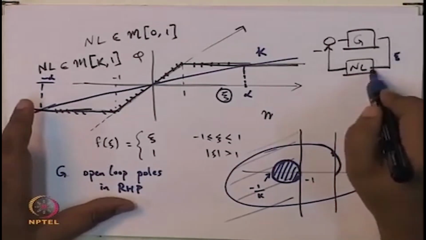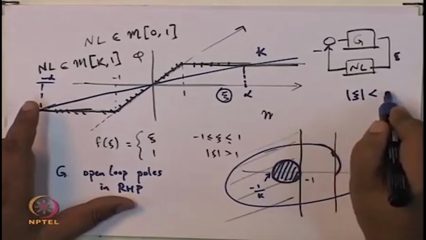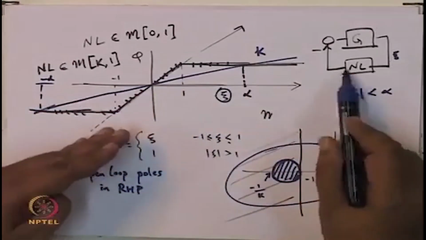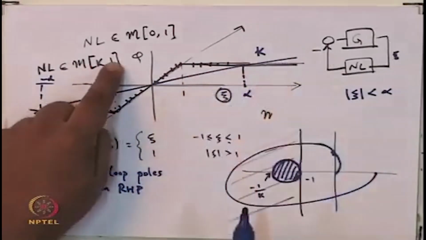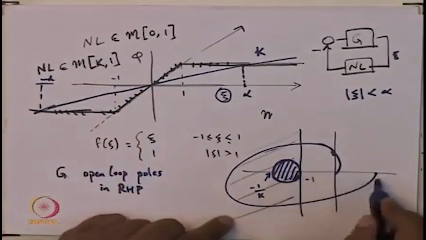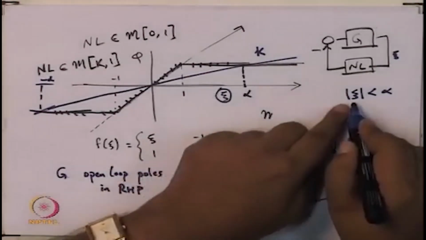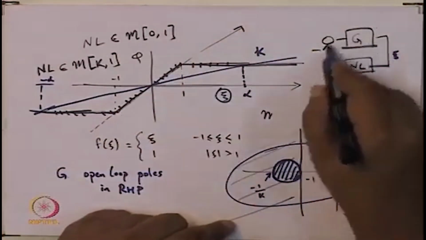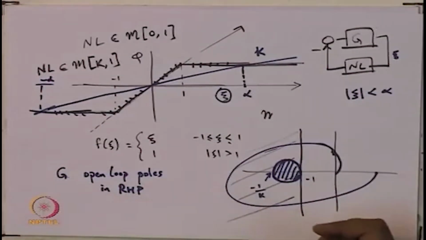And if this branch value is restricted to mod psi less than alpha, then the nonlinearity that we are considering has characteristics which lie in the k1 sector. Okay. And because it lies in the k1 sector and the G j omega doesn't intersect this particular circle, we can say that so long as this psi is restricted to something less than alpha, this given system is asymptotically stable. Yeah.